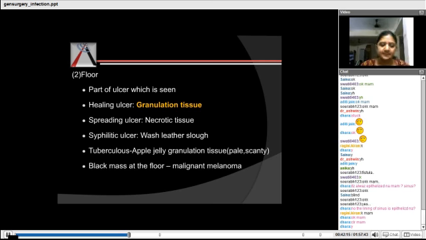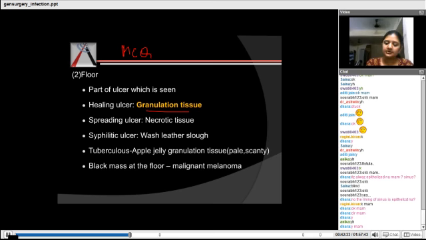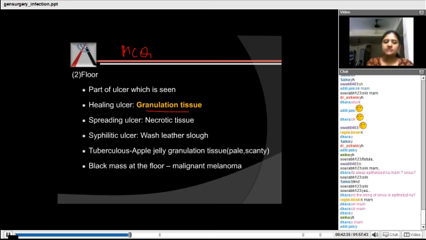Now we have different types of floors according to the type of ulcer, and this is a very important source of MCQ. A healing ulcer will show granulation tissue on its floor. Are you guys able to follow me? We are talking about the different types of floors and the ulcers they are seen in. So granulation tissue in the floor means it is a healing ulcer.